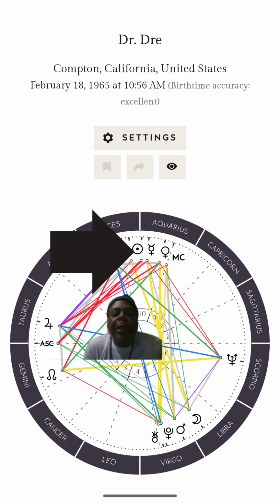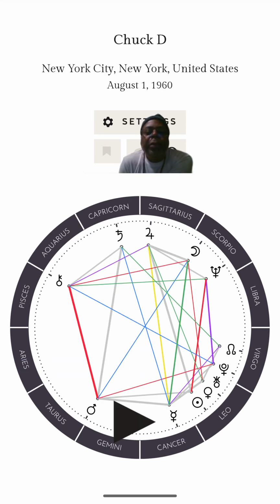So we got that, and now we're going to go to the third and final chart. Bear with me. That's going to be Chuck D. See how iconic, in a way, these people got a profession, and look how the significance of the vocational planet shows up.